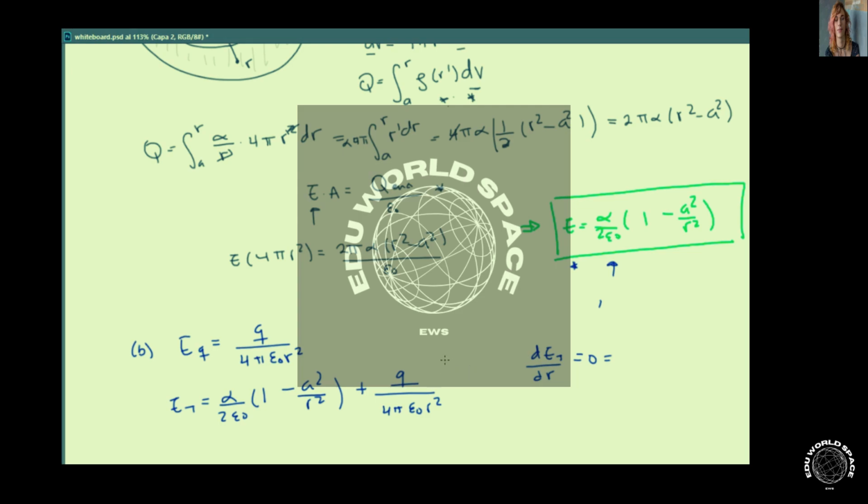When you do this with this function, I just separate these terms, and the second is plus Q divided by 4 pi epsilon 0. I take out the constants and differentiate one over r squared.